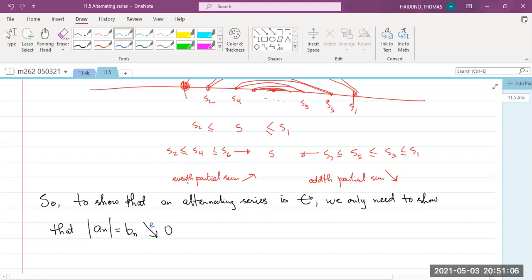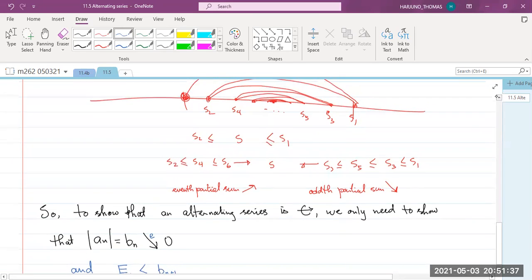Okay, and even better, the error after you add the first n terms is less than b sub n plus 1.